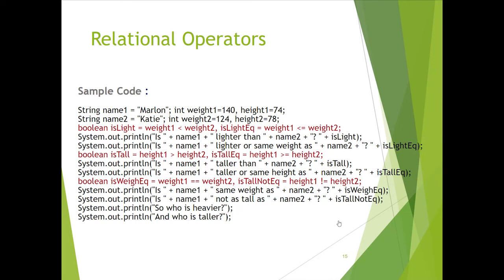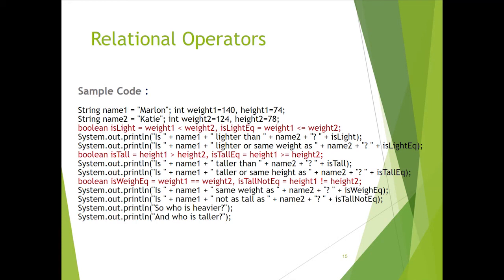Okay, so we have here a system print line saying name 1, who is name 1? Name 1 is Marlon, and then the string "lighter than", and then name 2 is KT, and then equal to the value of is light, which is false. And then we also have this "lighter than or equal", same lang, EQ is still false. Nagigets ba dito kung paano to, anong ginagawa dito?